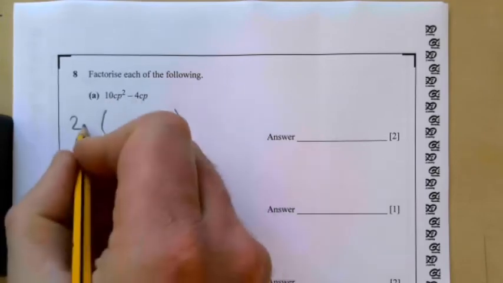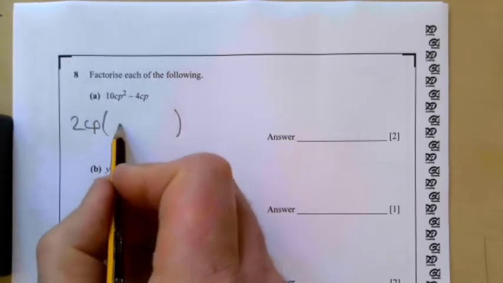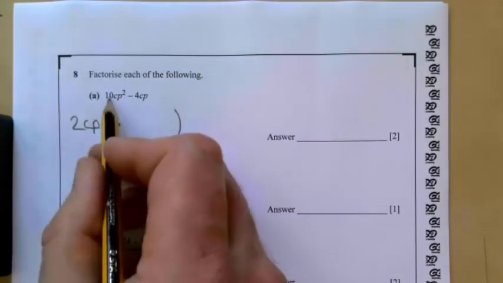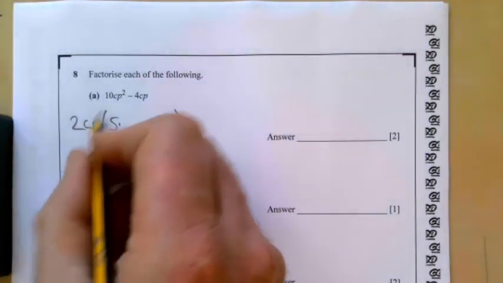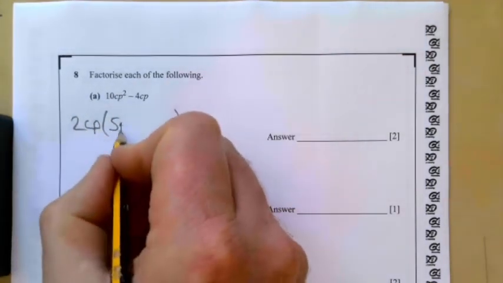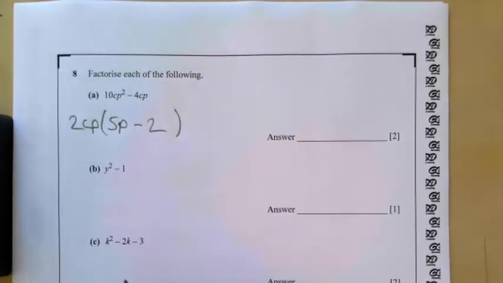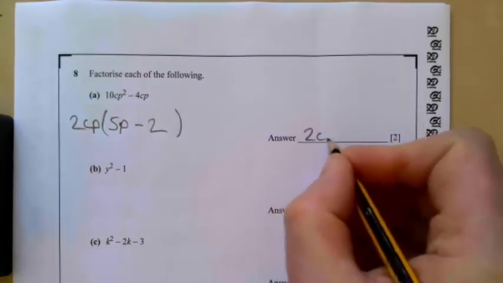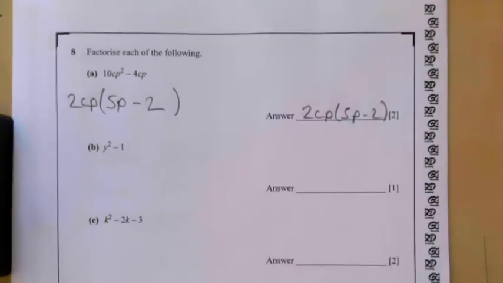There's a common C there, so I can take out the C. There's a common P. I can take it out, and then nice and slowly, what do I multiply this by to get this? 2 times what gives me the 10? That's going to be 5. C is there, and P squared to P is going to be P. Take away 2 times what gives me 4 is 2. So that's my answer then for that. So it's going to be 2CP upon 5P, take away 2.